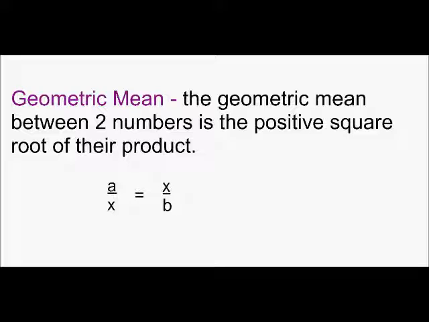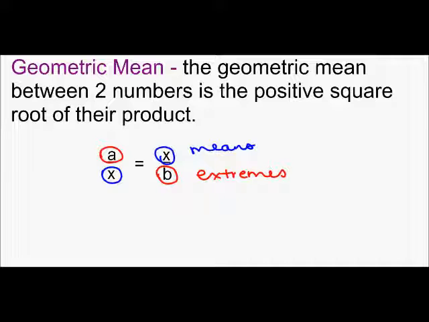Well, in a previous lesson, you learned that in a proportion, these values are called the means, and these ones are called the extremes. When I'm trying to find the geometric mean, I'm trying to find out what x is. So if I have a and b, you know that I would cross multiply here.